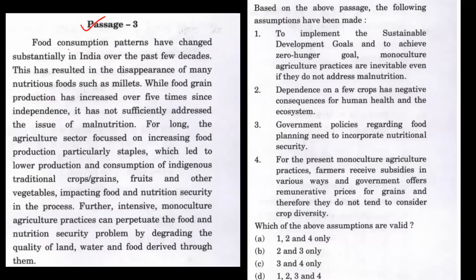Passage 3. Food consumption patterns have changed substantially in India over the past few decades. This has resulted in the disappearance of many nutritious foods such as millets. While food grain production has increased over 5 times since independence, it has not sufficiently addressed the issue of malnutrition.